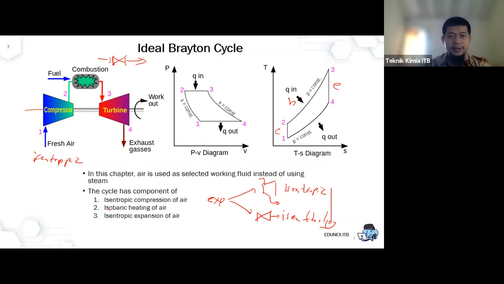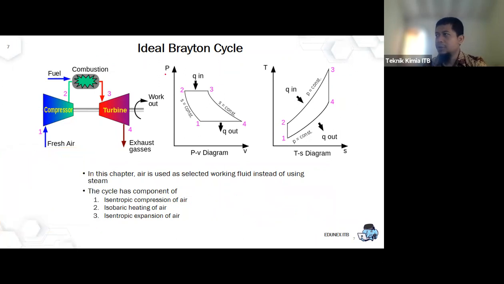And please remember another thing. When you have an ICE, internal combustion engine, the working fluid is always assumed as air. So the working fluid is what? Is it air, CO2, and the hydrocarbon? No, even though that sounds more detailed, it's wrong.